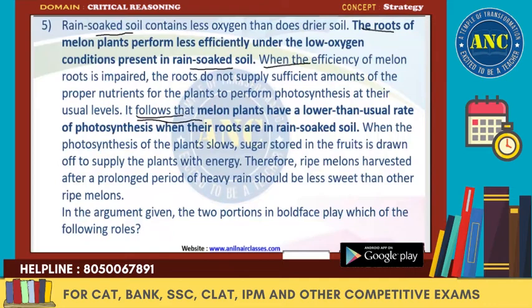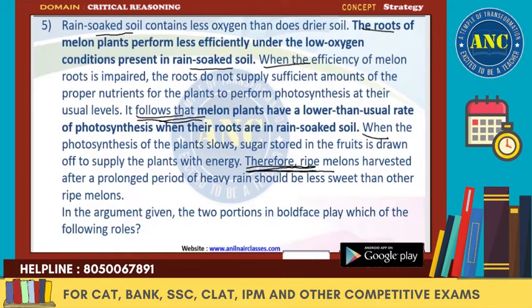It follows that melon plants have a lower than usual rate of photosynthesis when their roots are in rain-soaked soil. So that's your sub-conclusion. Again, the statement, when the photosynthesis of the plants, that's your fact. And again, when you say therefore, ripe melons, that is your main conclusion. So here there are two conclusions, right? One's the main conclusion and this statement is your sub-conclusion.